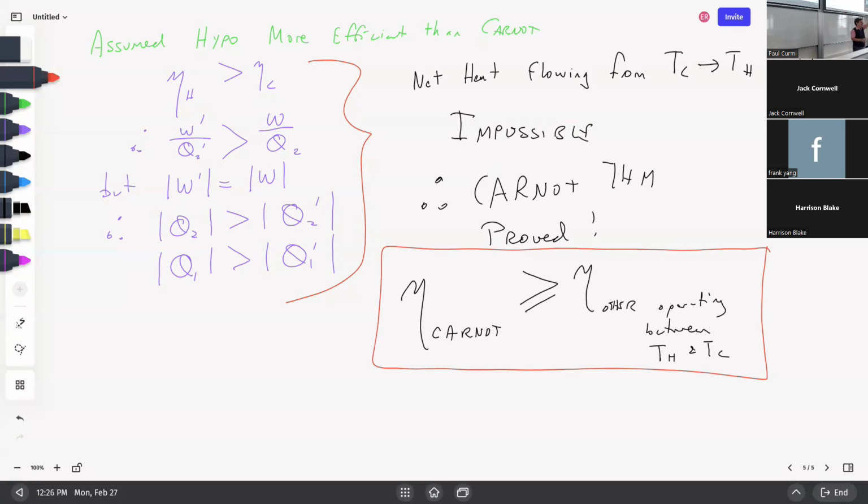So to extend it to all reversible engines, you've got to think about what baths they're operating between. So you've almost got it right. All reversible engines will be maxed out, but they will not all operate between two baths. You can break up any reversible cycle into a bunch of Carnot cycles. I'm about to do that in a little bit. Okay?